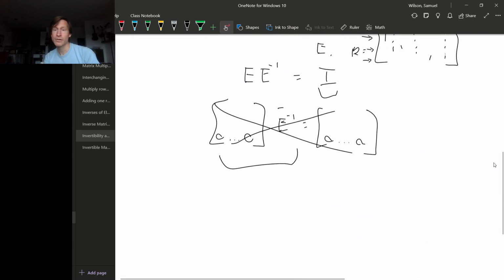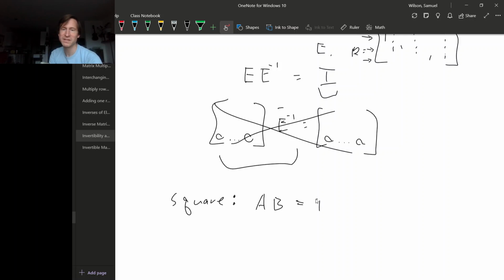Now for square matrices, this actually tells us something very nice. If A times B is the identity, what we just showed is that the reduced row echelon form has a leading 1 in every row.